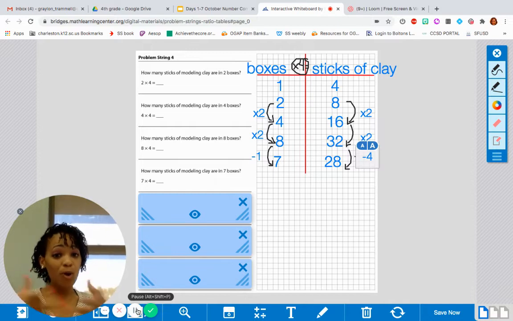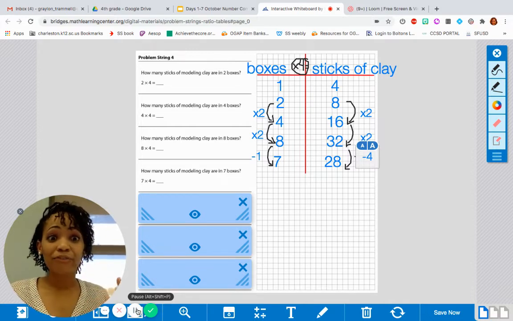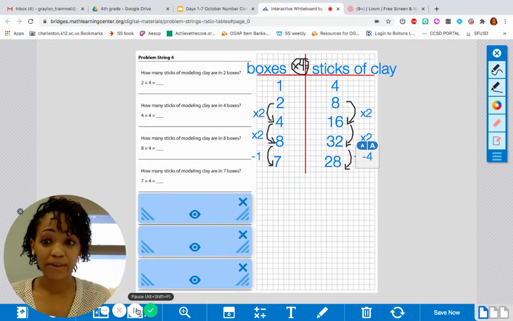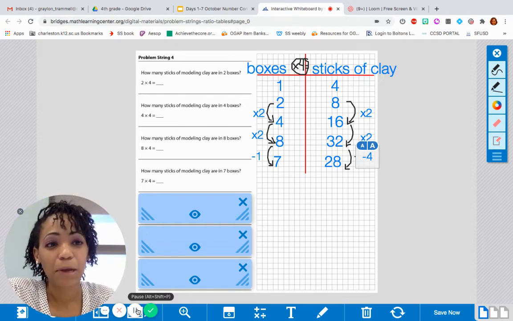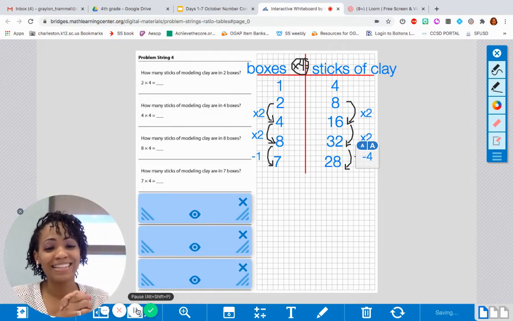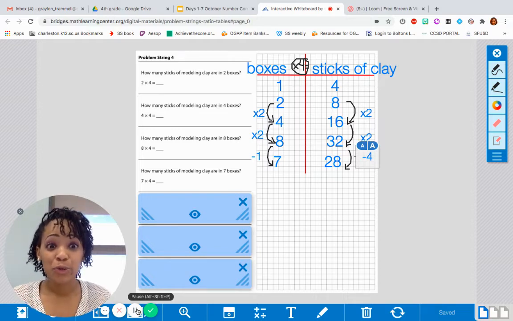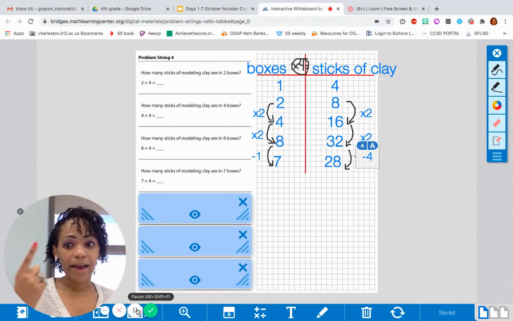Right, since we took 1 whole box away, and there are 4 pieces of clay in the box, that means we got to take 4 away from the total that we had before. Good thinking. Guess what you just did? I'm going to throw a big word at you. Are you ready? You unitized. You saw one group as 4.